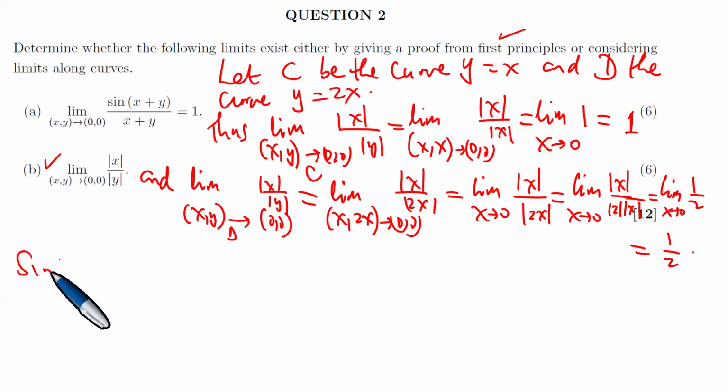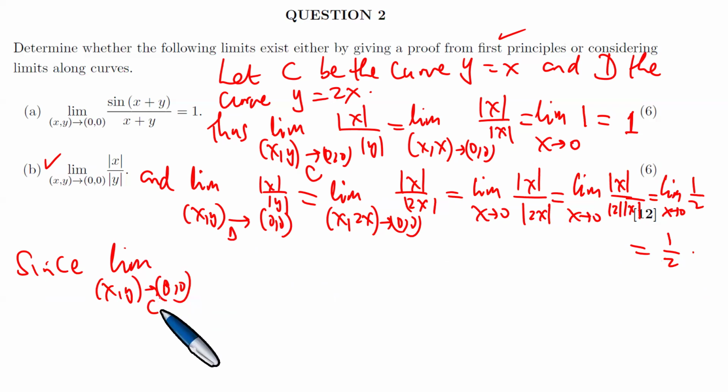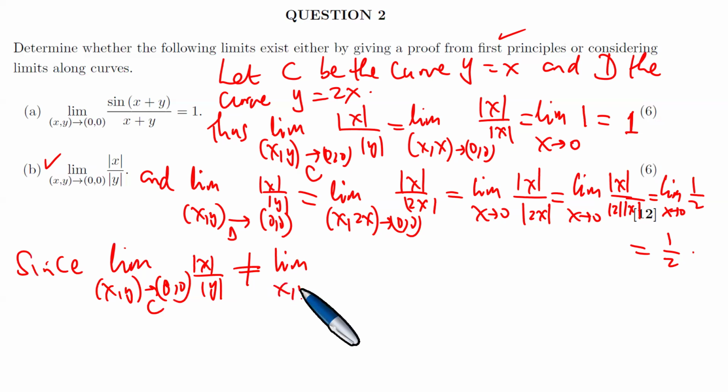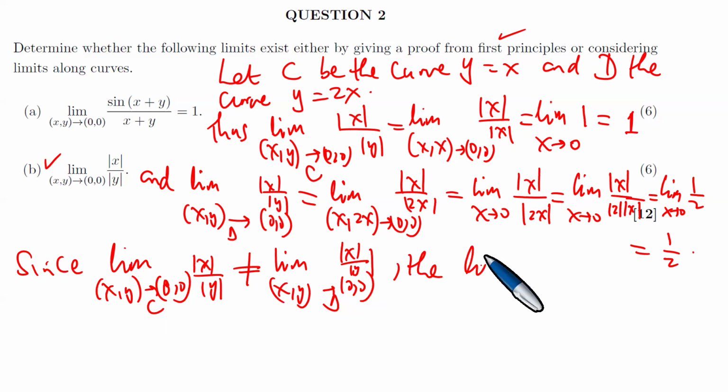Now we go on to say, since the limit as x and y approach 0 and 0 along curve C of this function is not equal to the limit along curve D of the function, the limit does not exist.